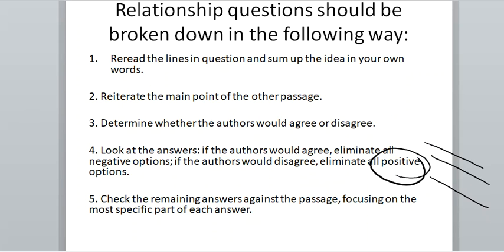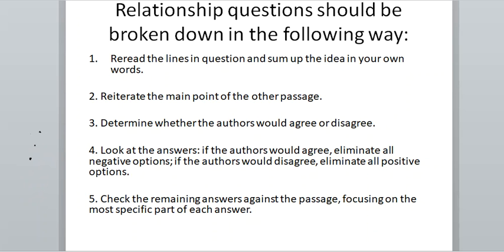Okay, and last but not least, check the remaining answers against the passage, focusing on the most specific part of each answer. Here, after you decide the tone of the writer, and you rephrase the main idea with it using your own words, okay, and you determine whether the topic discussed is being disagreed on or agreed on.